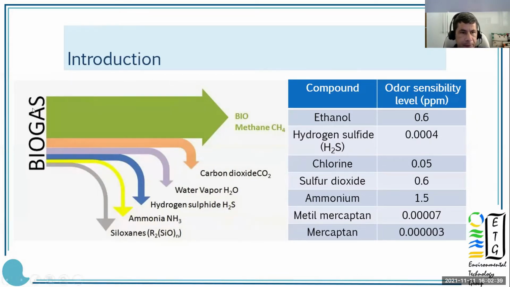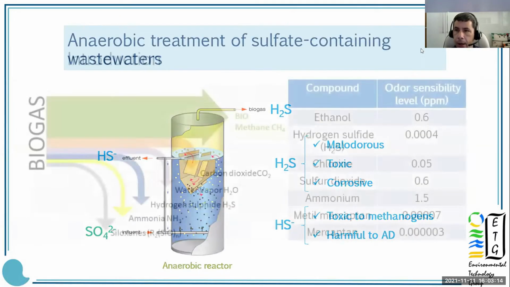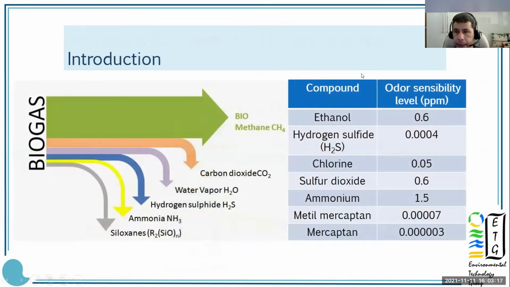If we think about the biogas composition, the greatest part of biogas is methane. There is also a smaller part of carbon dioxide, CO2, and a small fraction of hydrogen sulfide, water vapor, ammonia, siloxanes, etc. Even though it is at a very low concentration, the problem is that the odor perception threshold of the human being is very low.